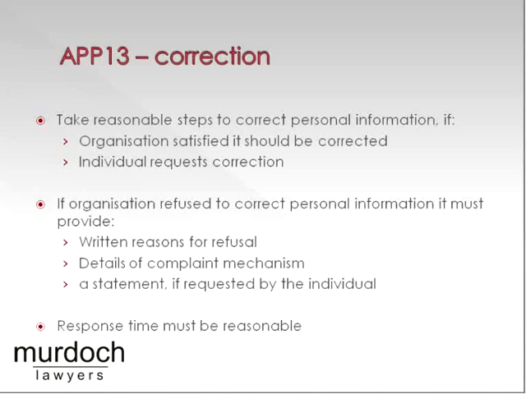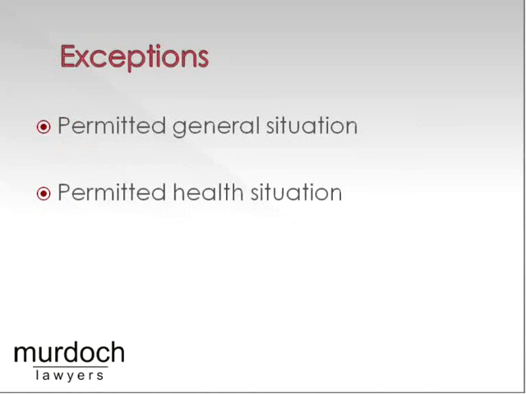And that statement needs to be kept with the personal information. Essentially, it says something along the lines of the individual has requested correction of the personal information and that has been refused for whatever reasons. The response time is not specified, it just must be reasonable, and that relates to a request for access and also a request for correction.